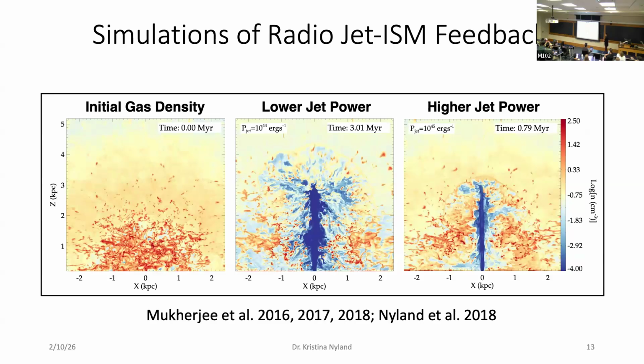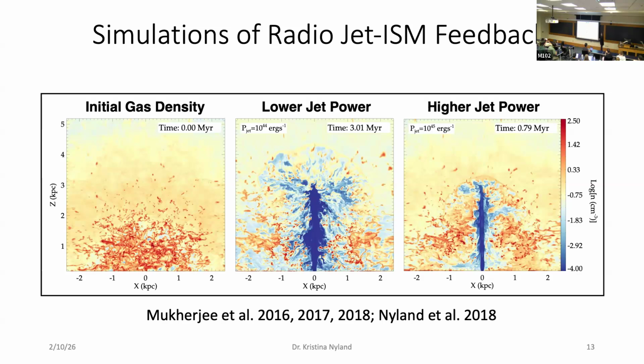This is a nice example of a relativistic MHD simulation done by my colleague Dipanjan Mukherjee. He has a really nice review article that came out just in 2025, by the way, that I highly recommend. But in this graphic here, he started with an initial gas density, and then he had two different jets with two different powers.